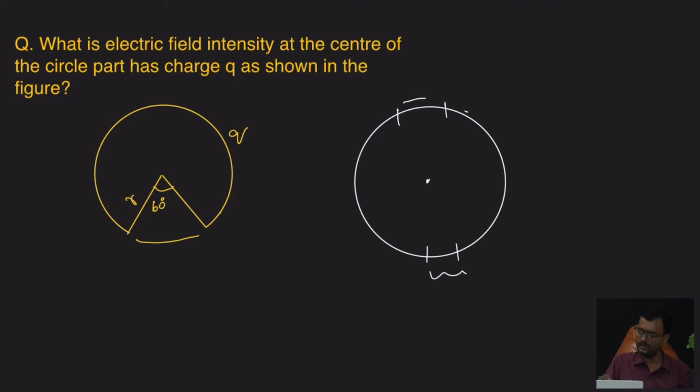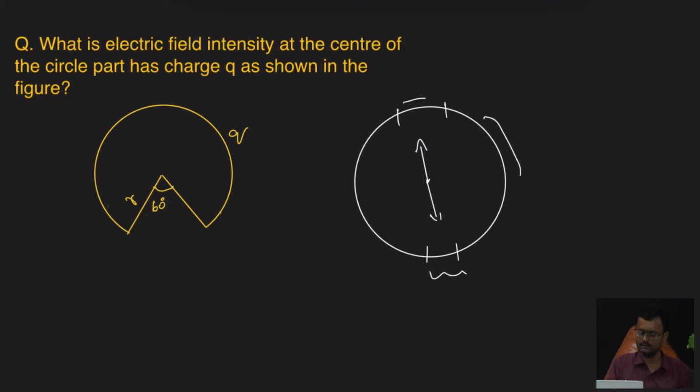Both have the same charges and are at the same distance, so the electric fields are in opposite directions. Here the electric field is 0. So for the entire circle, there is an opposite equivalent part on the other side of the circle, so the total electric field is 0.